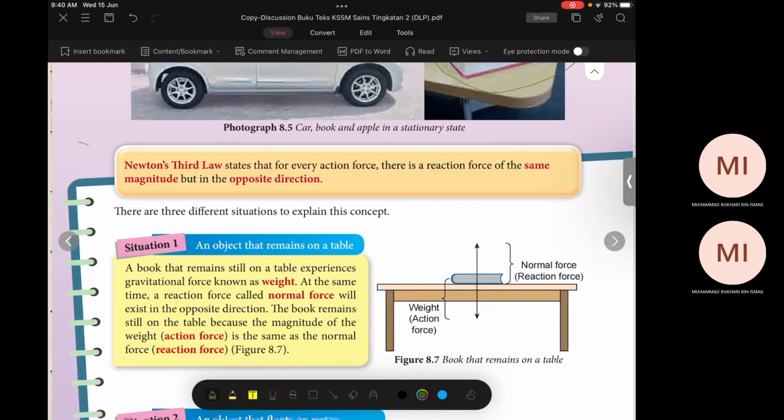Okay. Look here. Third Newton law. Newton proposed 3 laws. First Newton law, second Newton law, and third Newton law. You want to know what the third Newton law is?